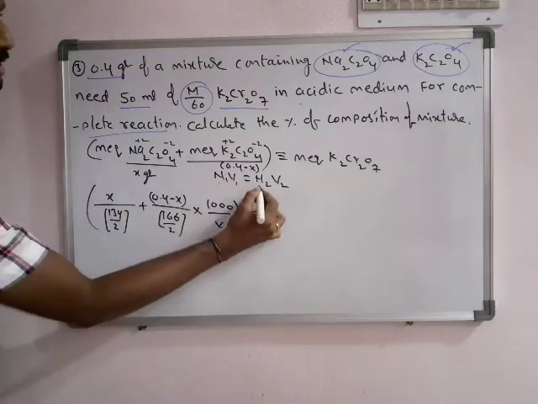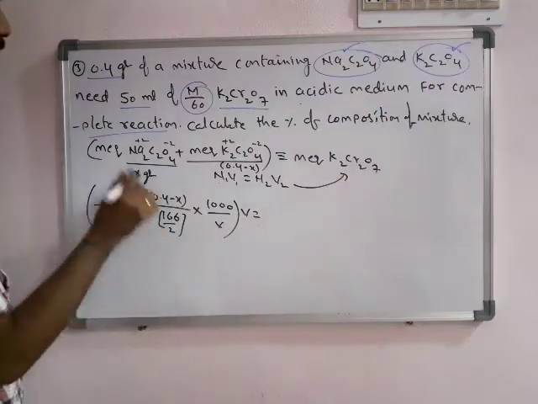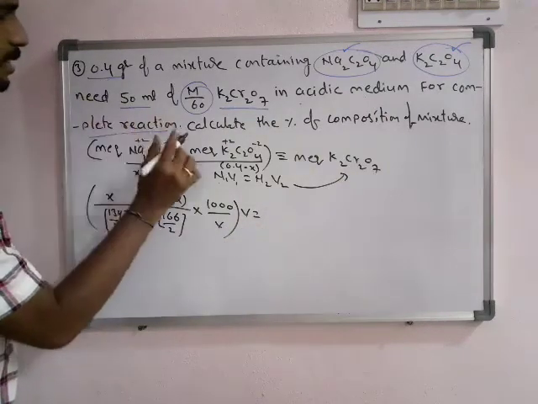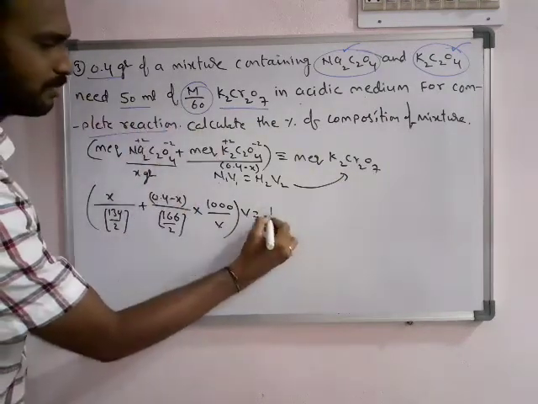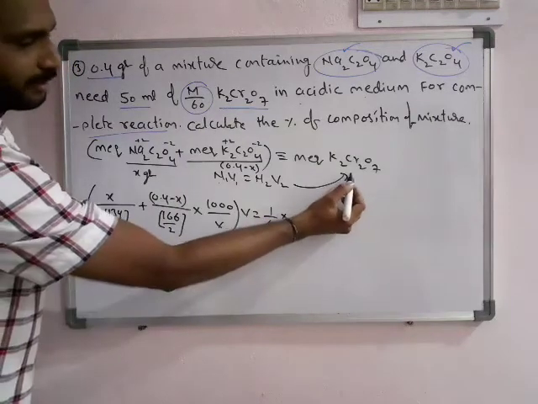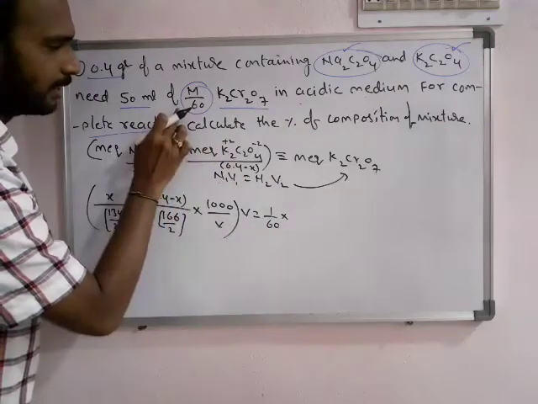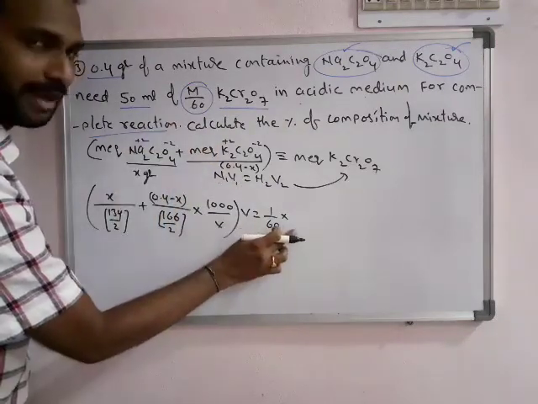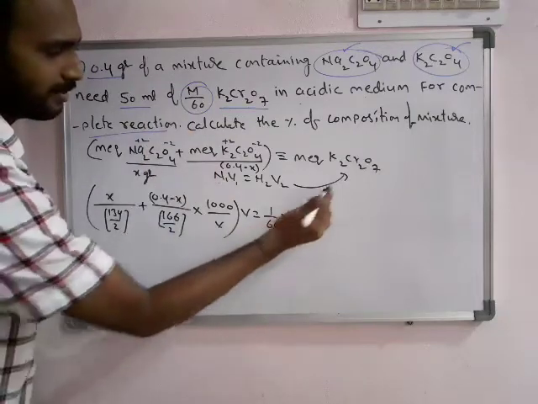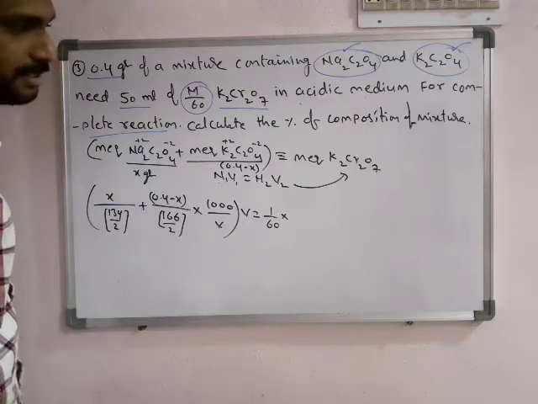This V. What is N2? N2 here indicates potassium dichromate. This is 50 milliliter M by 6. M by 6 means molarity 1 by 60 into what is the n factor. Normality, since molarity is directly given, normality equals molarity into n factor. So molarity into what is the n factor? For Cr2O7 minus 2, n factor is always 6.